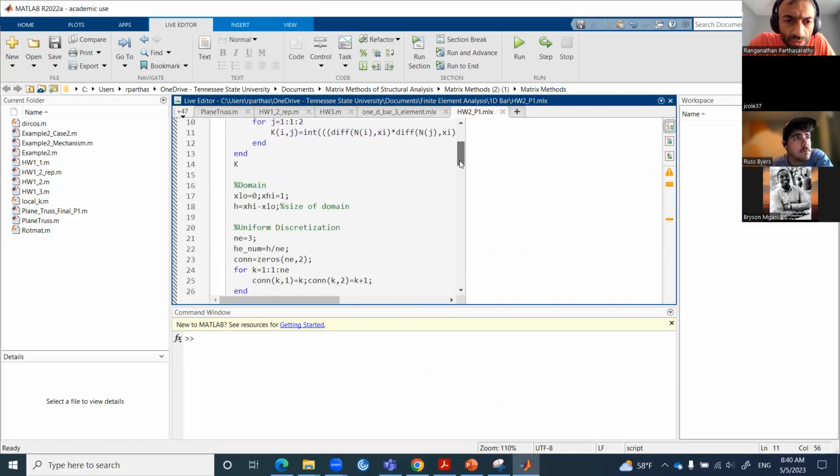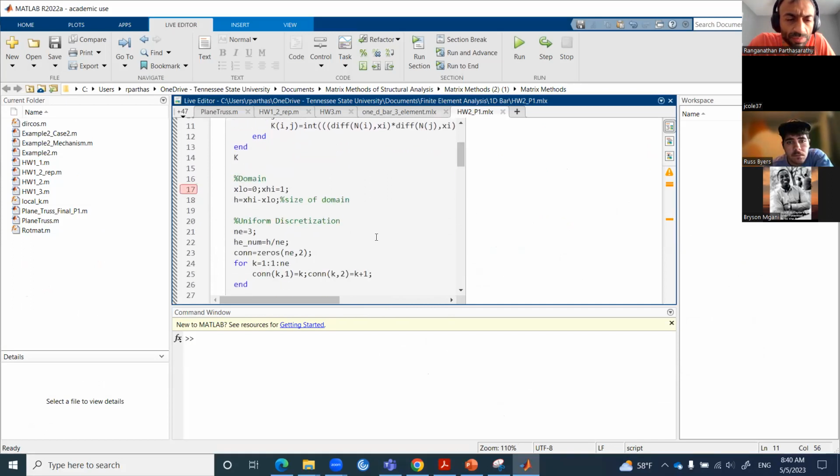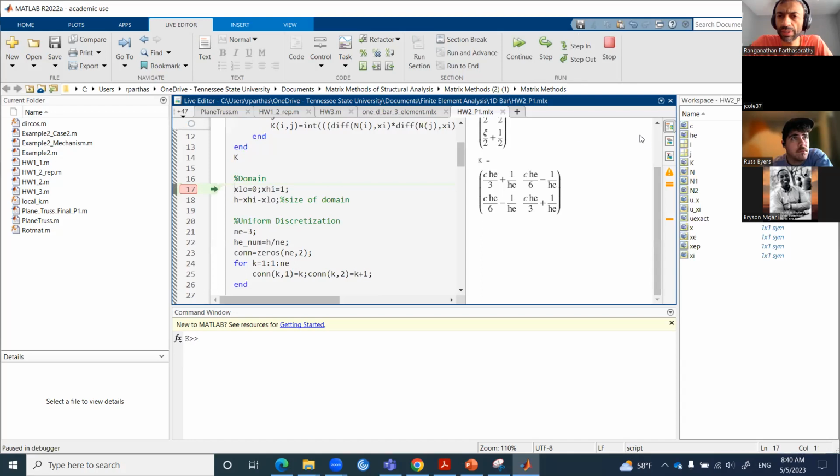So let's just do it up to Kij first. So N is this, then K is, yeah, okay, that is K, all right. So we got element stiffness matrix.